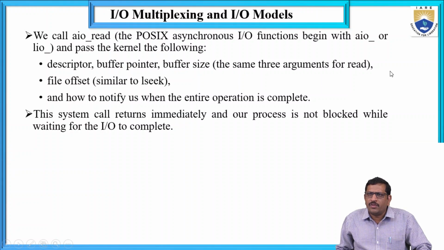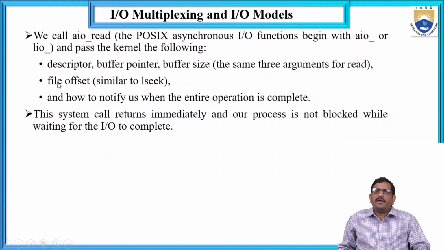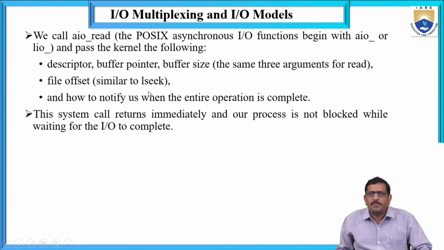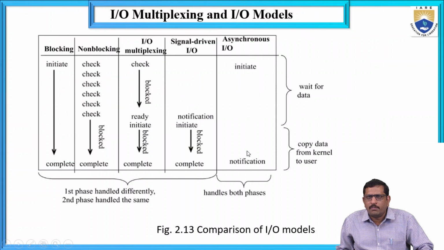These are the same three arguments as for read, along with the file offset. It is similar to lio, and we specify how to notify us when the entire operation is completed. The system call returns immediately and our process is not blocked while waiting for the input output to complete.